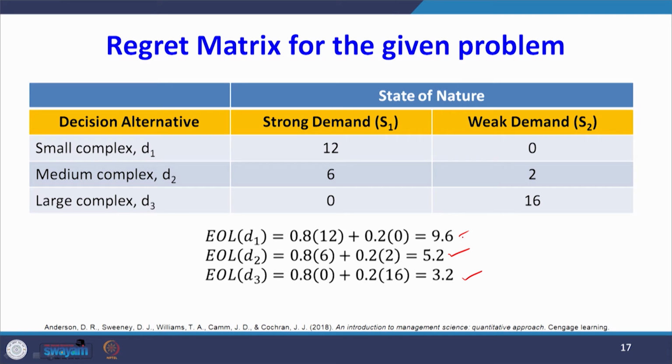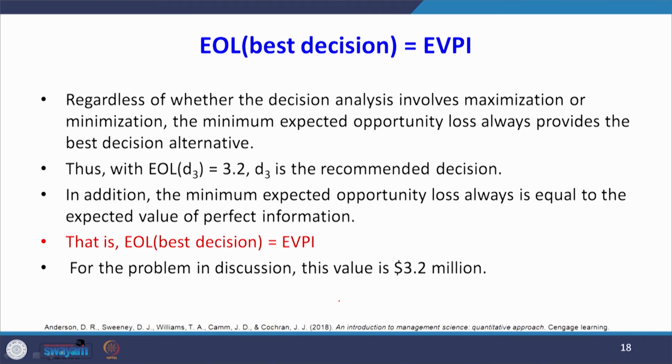Now, out of these three, which is minimum? The expected loss when you go for D3, that is 3.2. You see that our expected value of perfect information is equal to the expected loss in the regret matrix. So, what we are saying is that the expected loss of the best decision is equal to our expected value of perfect information. So, regardless of whether the decision analysis involves maximization or minimization, the minimum expected opportunity loss always provides the best decision alternative.